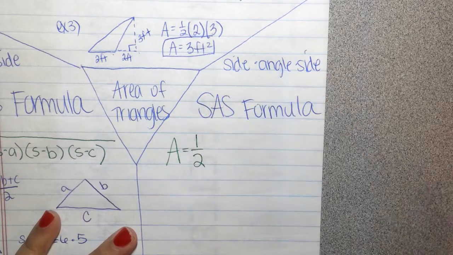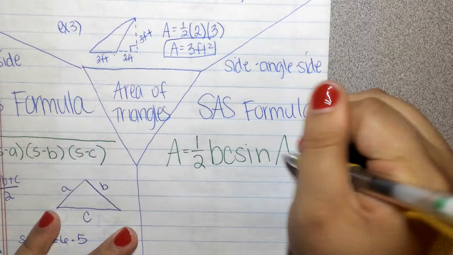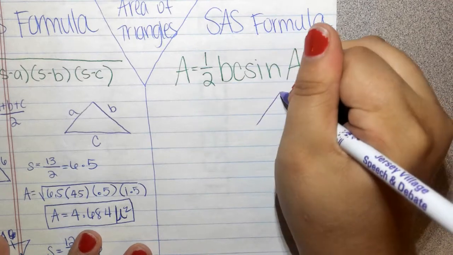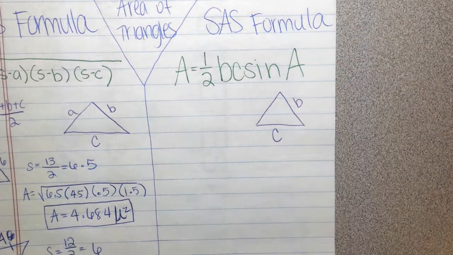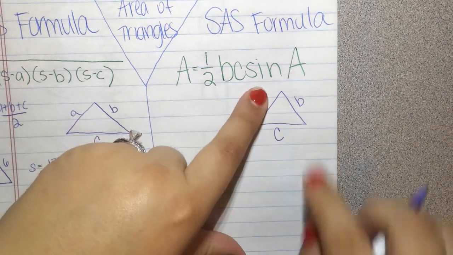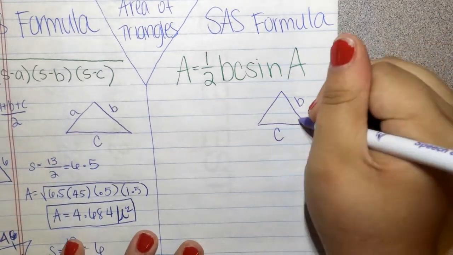It's 1/2 BC sine of A. Now, remember, your B is your side. Your C is your side. I'm going to do the angle A right there because it's in the middle of the two sides.